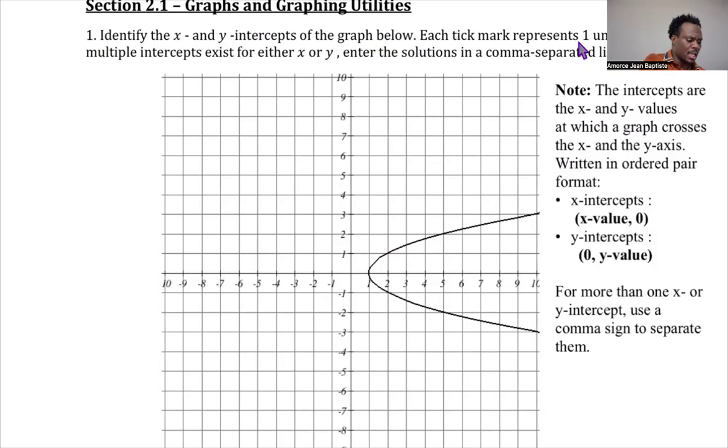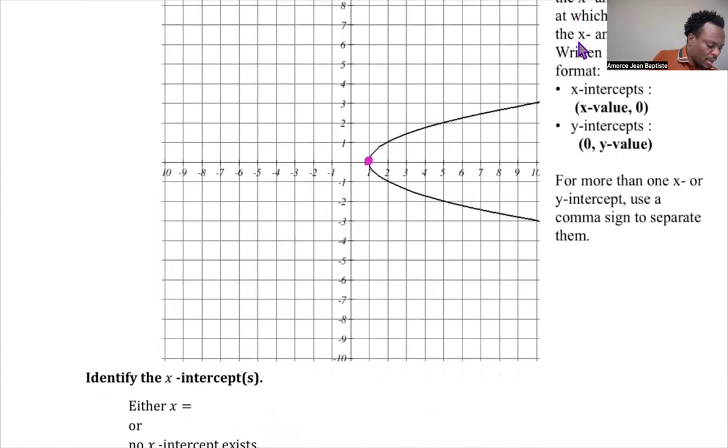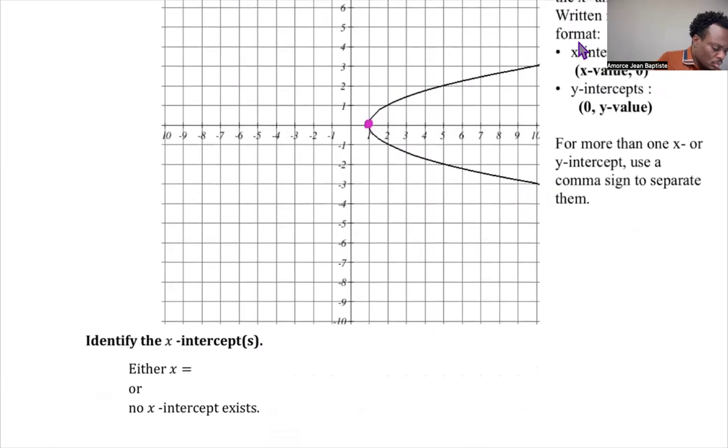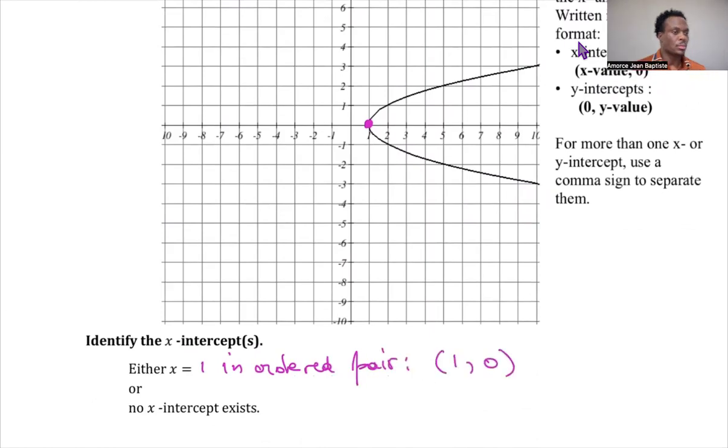So in this case, the x-intercept is over here, and its x value is 1, and in ordered pair, it's 1 comma 0.